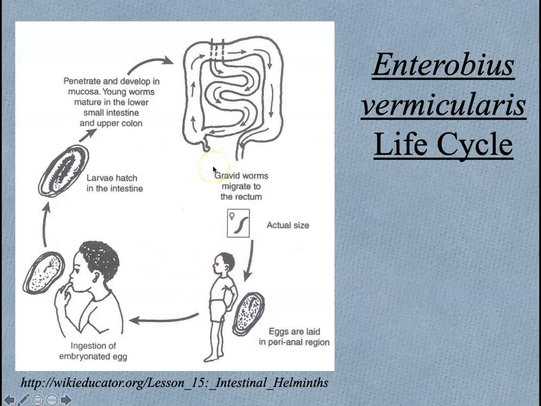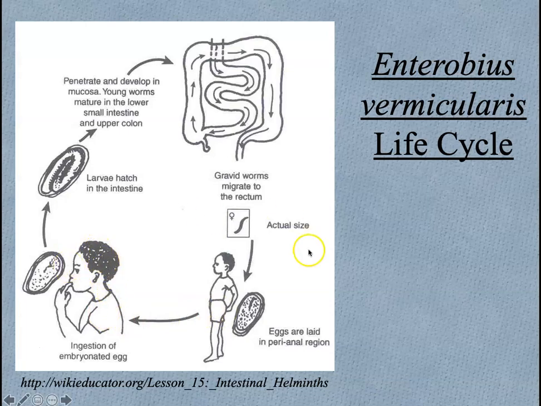This is very itchy and irritating. The fact that these little worms are crawling right outside the anus and laying eggs, the patient can feel this and they want to scratch it. And especially in kids, they're contaminating their hands, and then what do kids do all day long? They put their hands in their mouth.